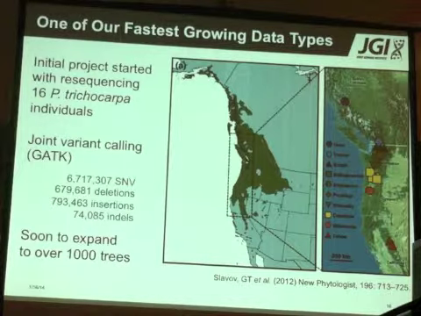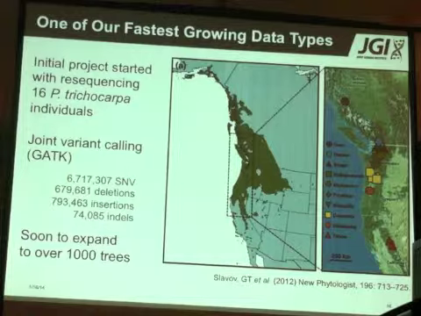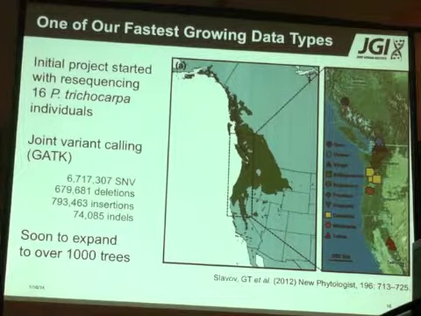These were resequenced with Illumina and aligned to the reference, and SNP and indel variant data was produced. And that's all fine for 16, but when we reanalyzed this with the GATK suite, even with really stringent filtering, that gave us 6.7 million SNPs in poplar. Plants in particular have a much higher level of variation than metazoans.